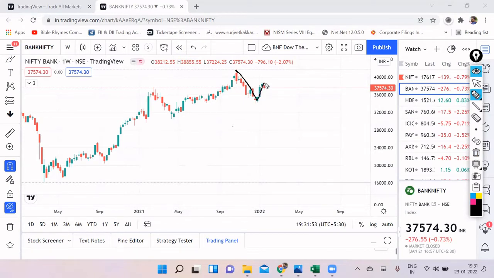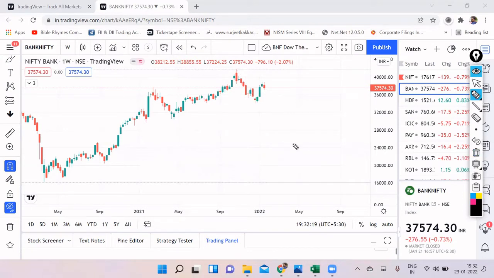This is on a weekly, so there is a possibility we may dip something like this and then we can do a rally something like this. Okay, based on a weekly, or else there is another chance which is rare, but we can do something like this. Okay, break this low and fall down further.